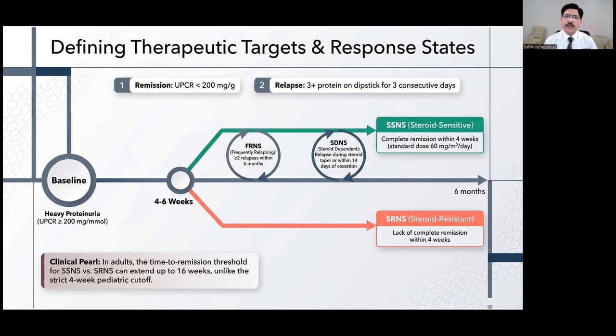The moment relapse occurs, try steroid again. If it is resistant, then we will find out. In case of adult, 4 weeks is not a strict cutoff point. An adult showing some downward decline in the edema, in blood pressure, in proteinuria, you can expose him for a few more weeks, until 16 weeks at the most.